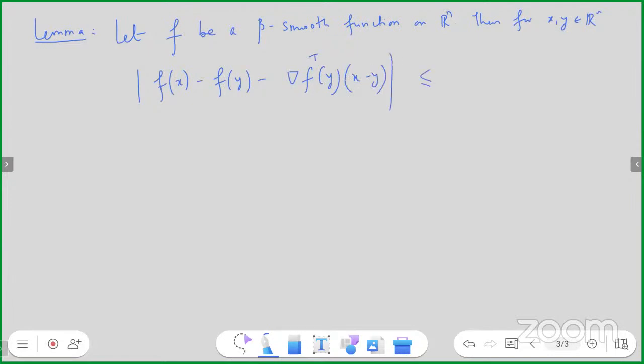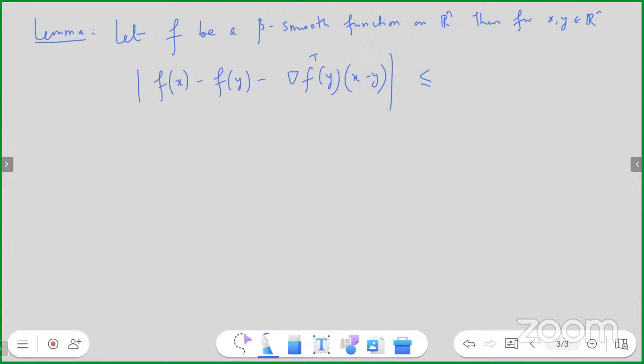What do you think this should be less than or equal to? Can you guess it? Smoothness definition is clear, right? The gradients are Lipschitz. That's what beta is. f of y plus gradient f transpose y times x minus y is an approximation, like a line, right?